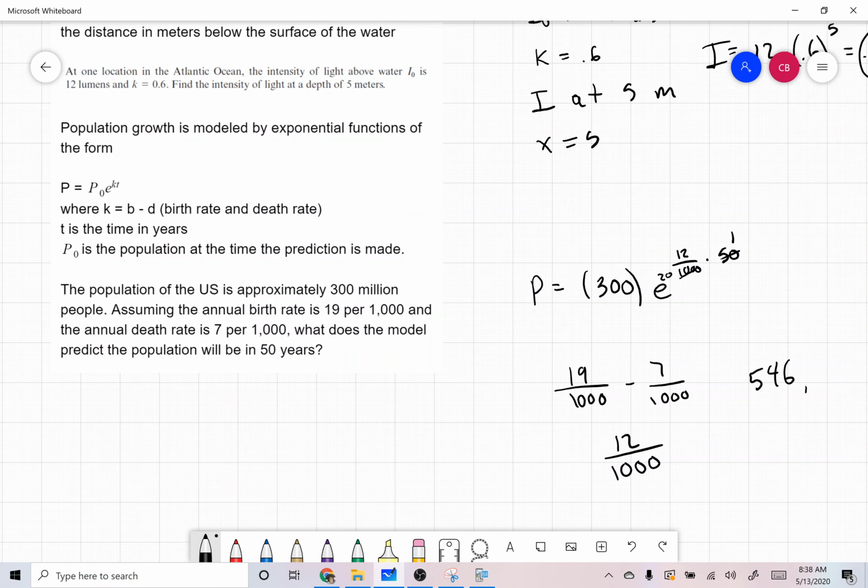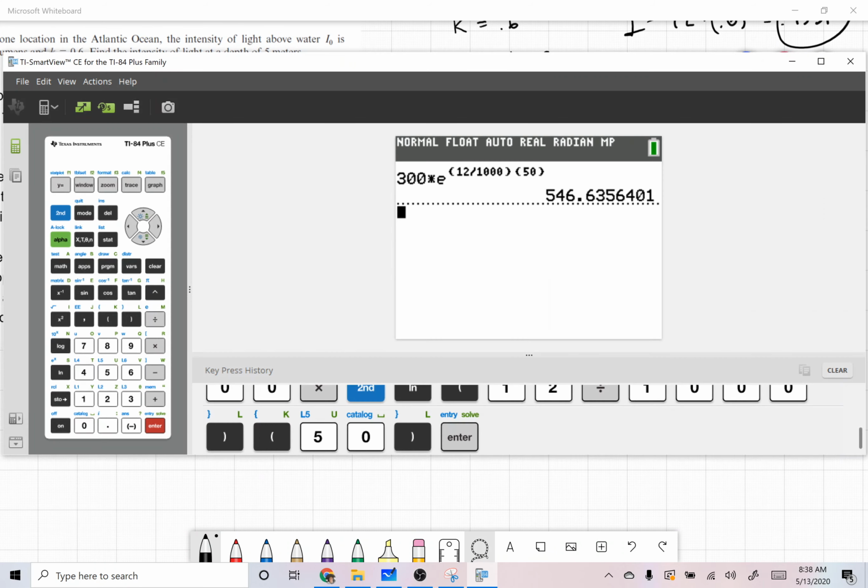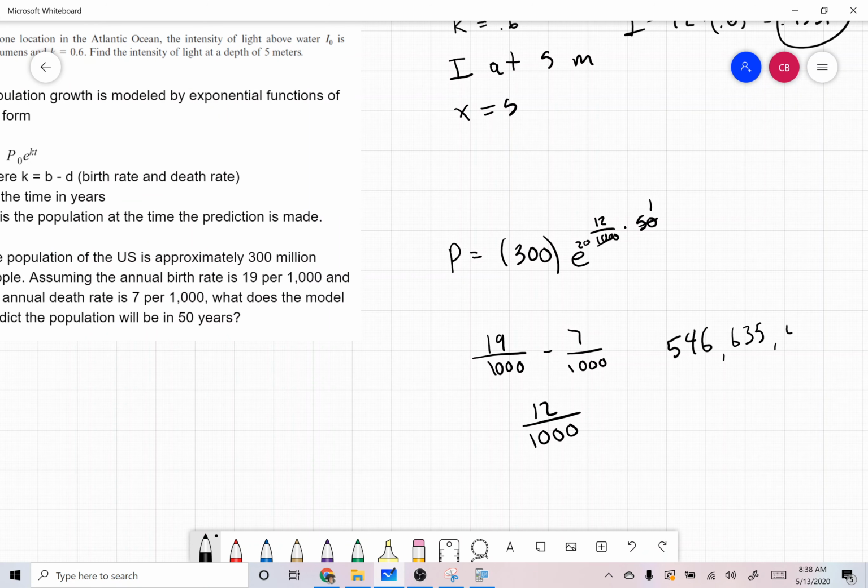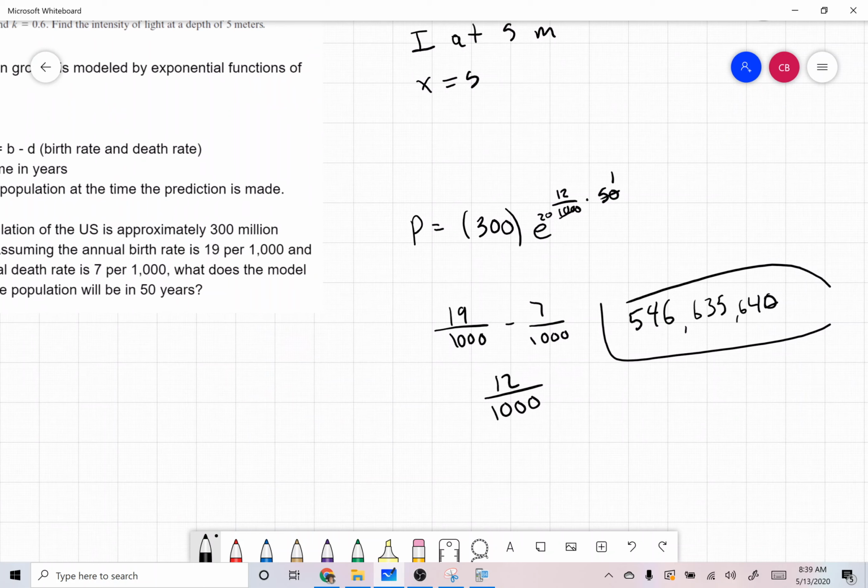And so there will be 546 million, 635,640 people by the end of 50 years.